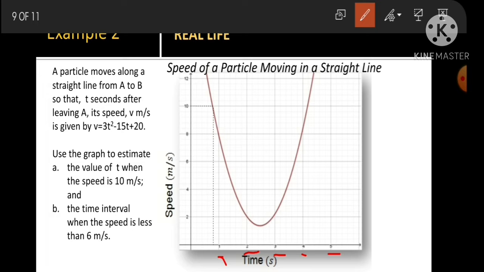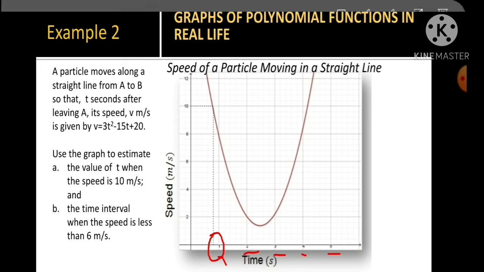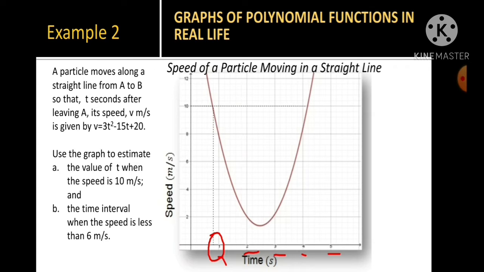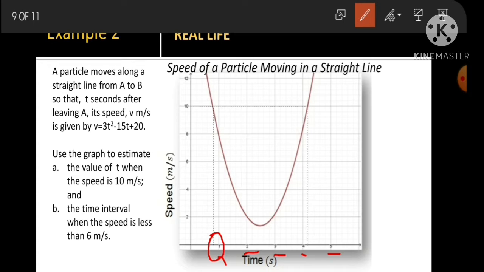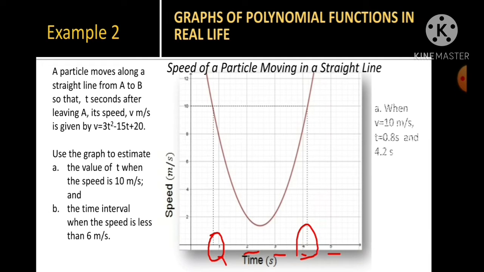So the first one is 0.8. Now let us locate the second one. So this is equal to 4.2. Now when the speed is 10 meters per second, the time is 0.8 seconds and 4.2 seconds.